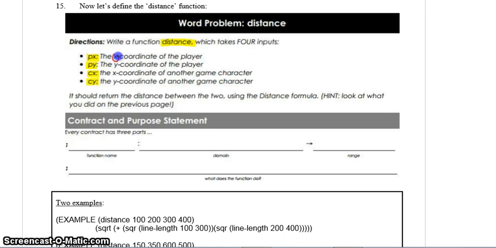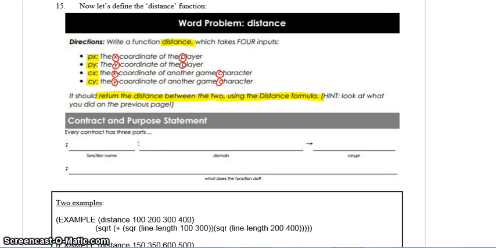So we find that the px, the py, the cx, and the cy actually come from putting together the x or the y and then either player or character. So that's why those variables are supposed to make sense. What is the function supposed to do? It should return the distance between the two using the distance formula. So we're going to be using the code that we wrote on the previous page to help us here.